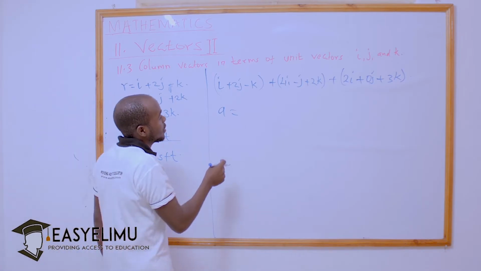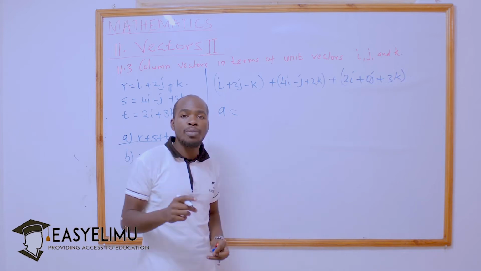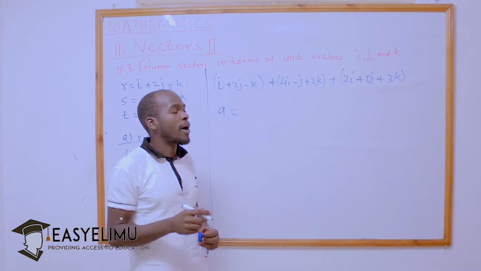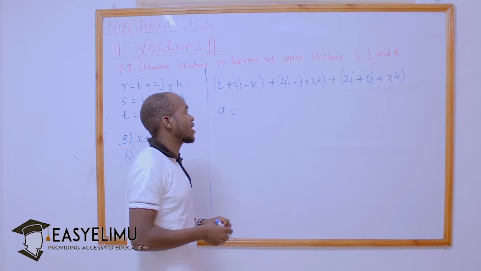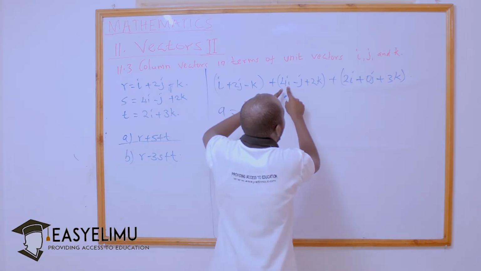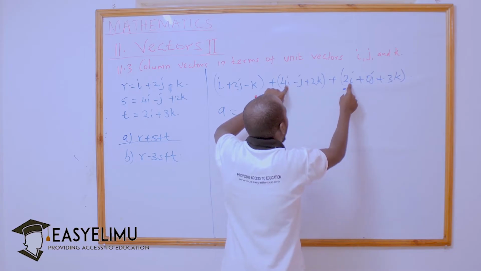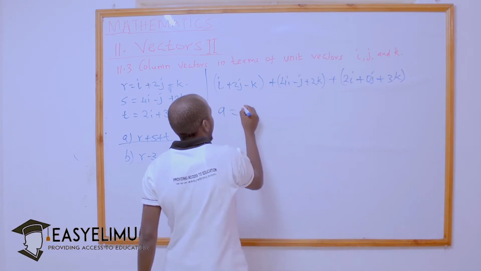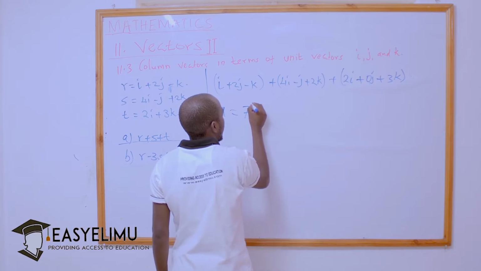Now we shall add the corresponding values of i, that is, collect the like terms. We have i plus 4i plus 2i, which gives 7i.